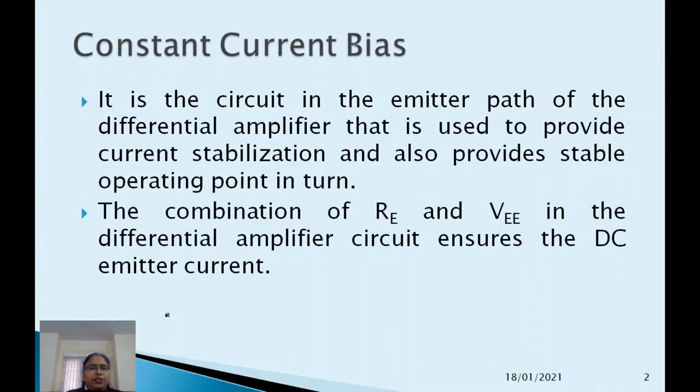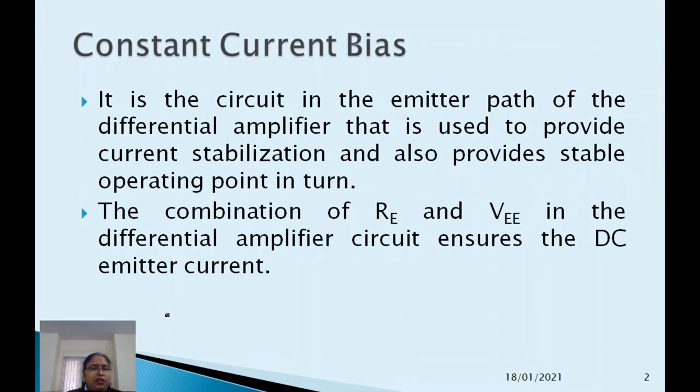So first of all, what is the constant current bias? What do you mean by constant current bias and why is it introduced in the differential amplifier circuit? This circuit is introduced in the emitter path of the differential amplifier, and as the name suggests, it is helpful in getting constant current stabilization, and it provides a stable operating point in turn.